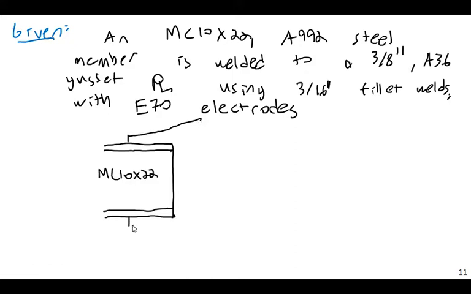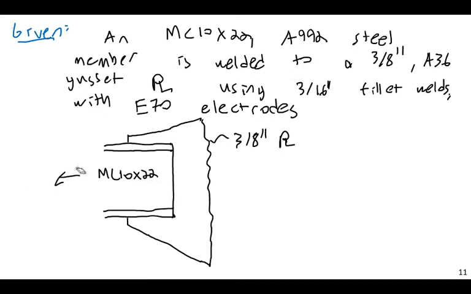This is going to be connected to a gusset plate, and the thickness on this is going to be a 3/8 inch plate. And this is the MC 10 by 22, and the tension is going to be pulling this way, P, here.